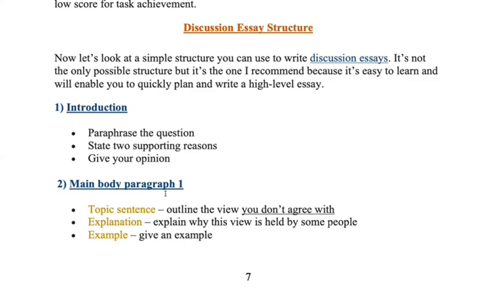Outline the view you don't agree with. To be honest, it doesn't matter if you start with the one that you agree or disagree with, but starting with the one you don't agree with might be much easier for you. Then explanation: explain this idea, and then give us an example. It's simple. Topic sentence, the main idea, explain it, give us an example.